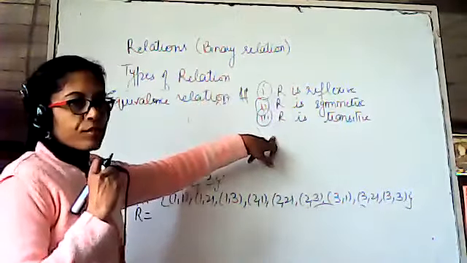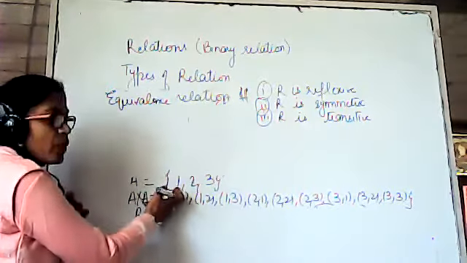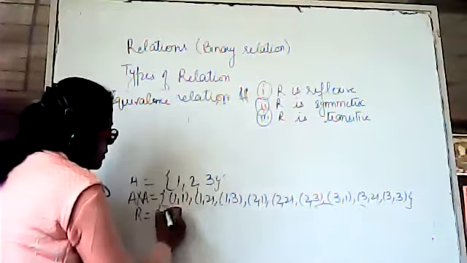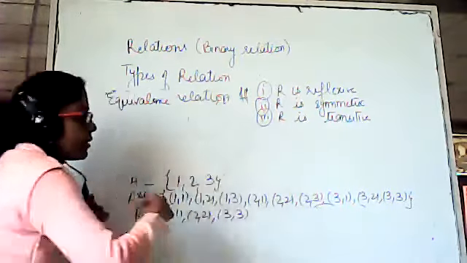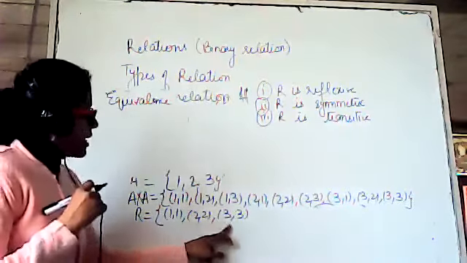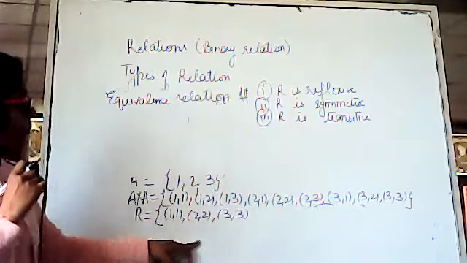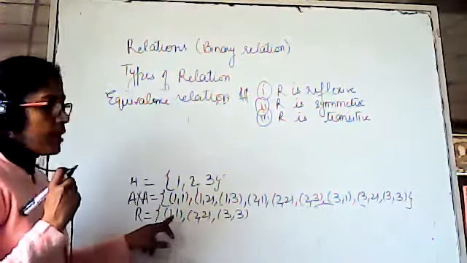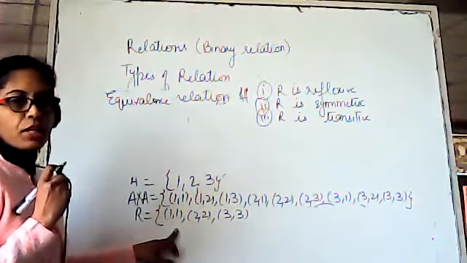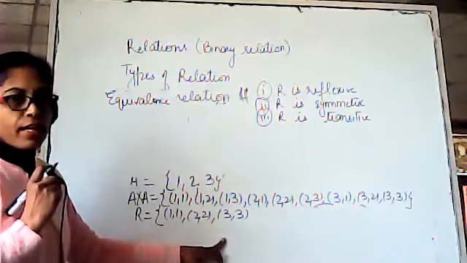The condition for a reflexive relation was all the elements have relationship with itself. That is 1, 1, 2, 2, and 3, 3. So these three elements satisfy the property of reflexive relation. These three elements also satisfy the property of symmetric relation, because symmetric relation is if ordered pair xy belongs to relation R, then ordered pair yx must belong to relation R. So this property is also satisfied here.